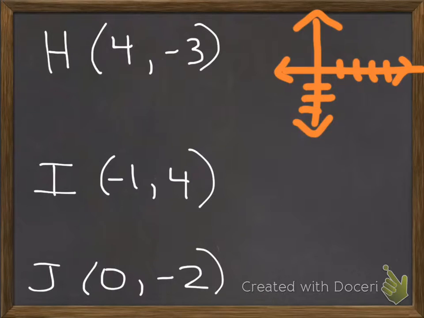So I'm going to go over 4 on the x-axis, and then I'm going to go down 3 on the y-axis. So that indicates there should be a point right here for H. And that quadrant is, if you count, 1, 2, 3, 4. So that's quadrant 4.